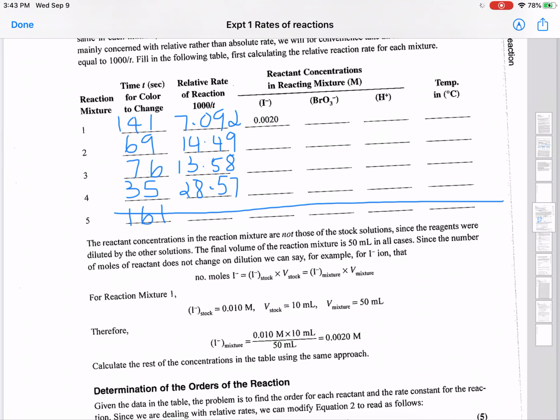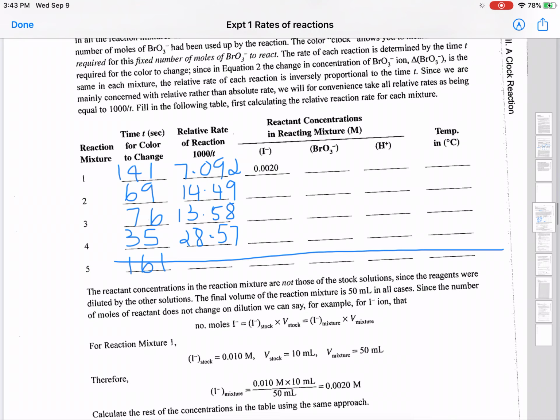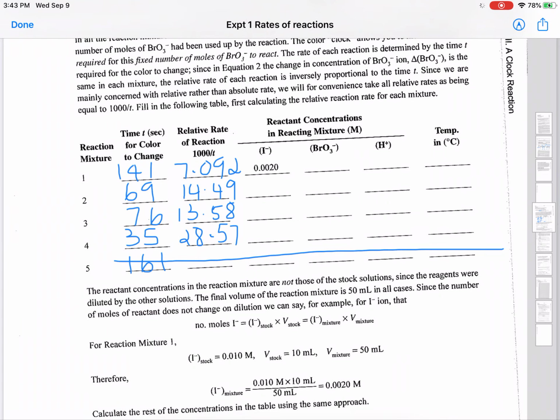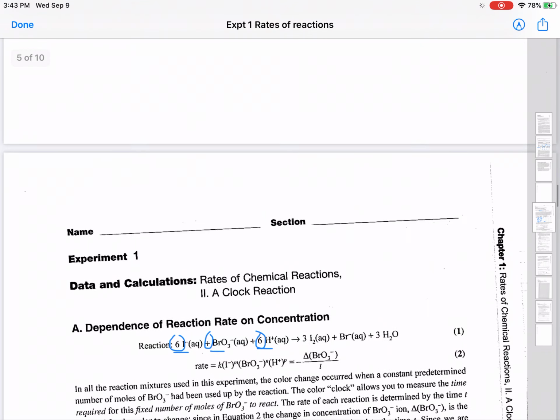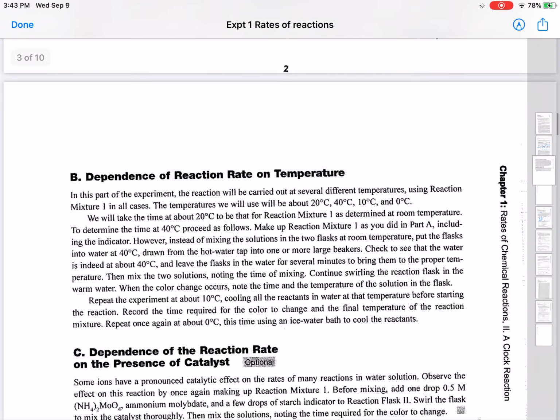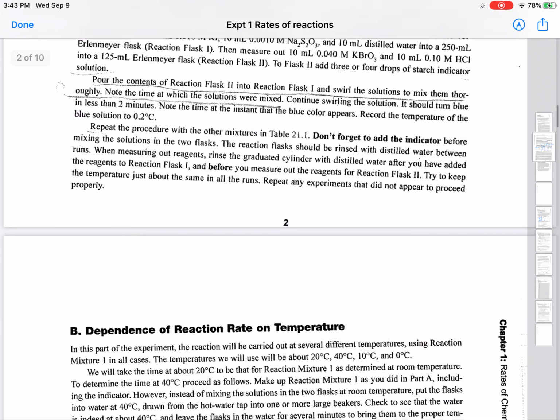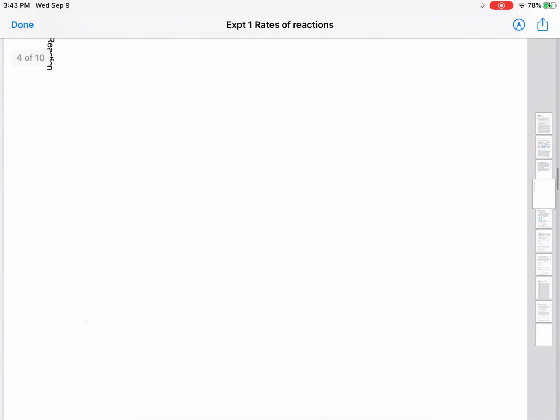So likewise, you can find out the concentrations of bromate and H plus in all four of these mixtures. So you refer to the table given here. For example, for the iodide, the volume is going to be 10 in the first one, so the second one would be 20. So the concentration would be doubled, and for the third and the fourth, the concentrations are going to be the same, right? For iodide.